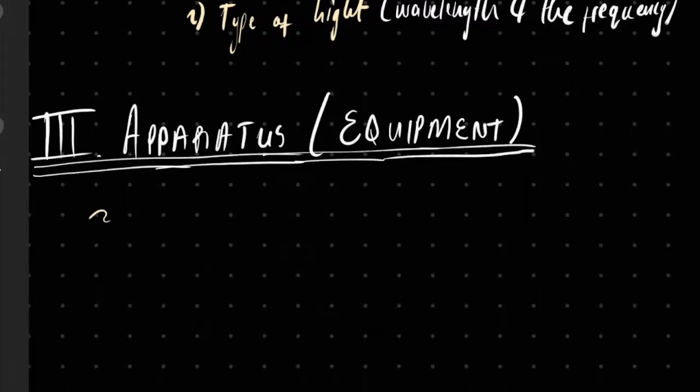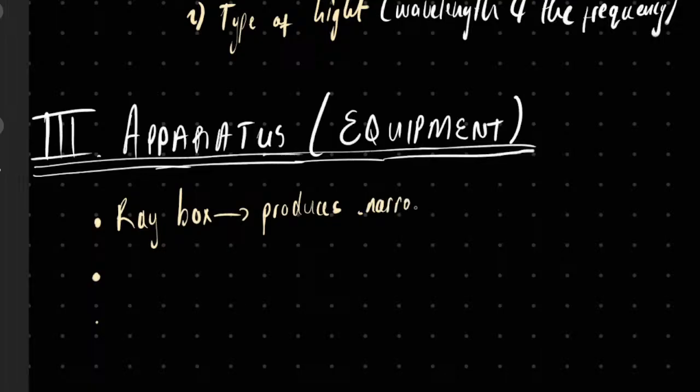One, ray box. Usually apparatus is put with dots like this. You need a ray box, which is just something which produces a narrow light beam.